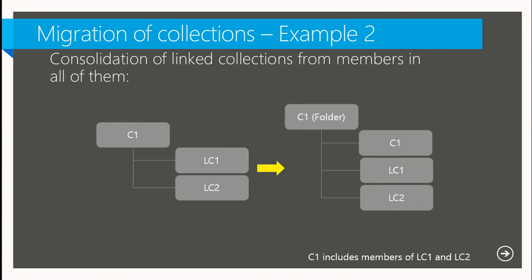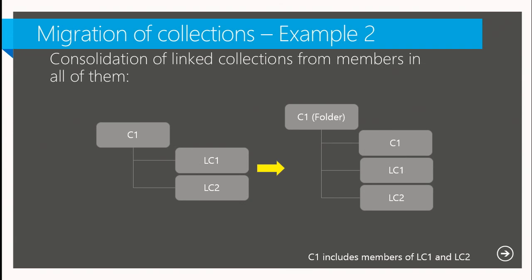If I'm migrating these three collections to the new environment, a folder called C1 will be created. There will be a new collection called C1 which contains the same members as the original C1. And there will be two additional collections which have no relation to the original C1.